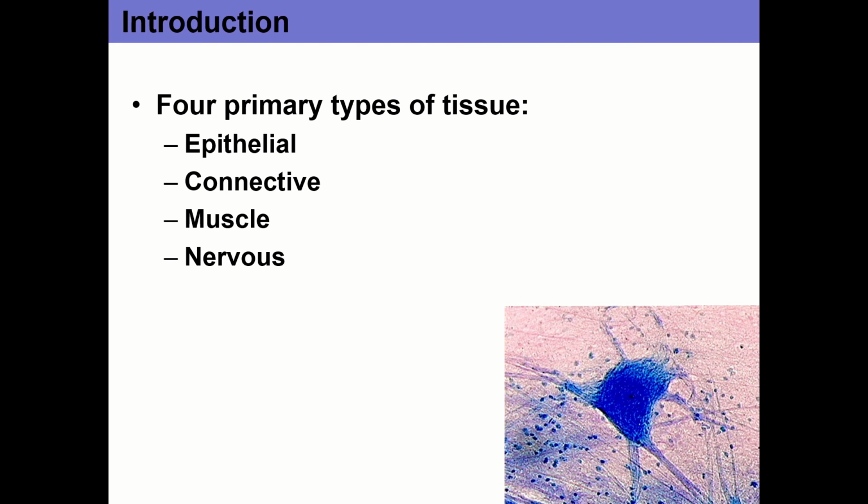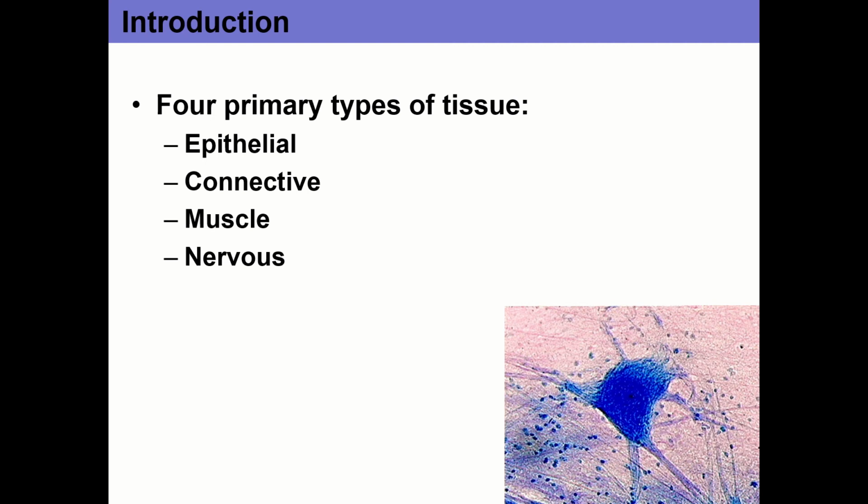So when you breathe in and air goes down your throat, your trachea is lined with epithelial tissue, as are your lungs, and then the bronchioles that are between your trachea and your lungs. Your gastrointestinal tract, so for example, your esophagus, your stomach, and your intestines, those are also lined with epithelial tissue.